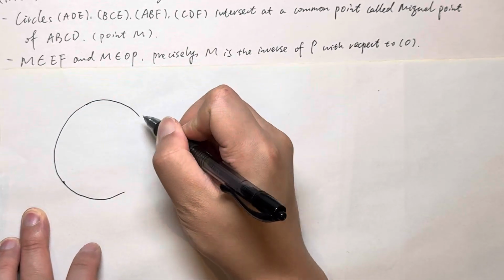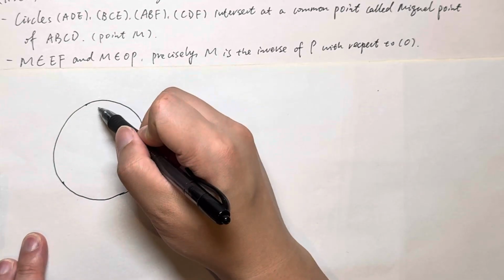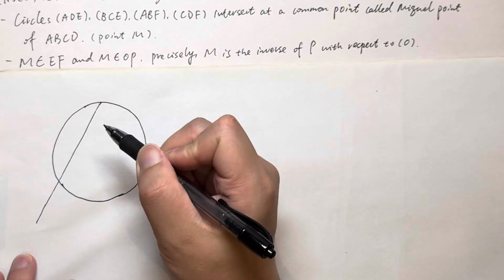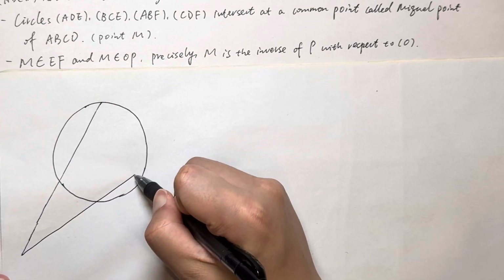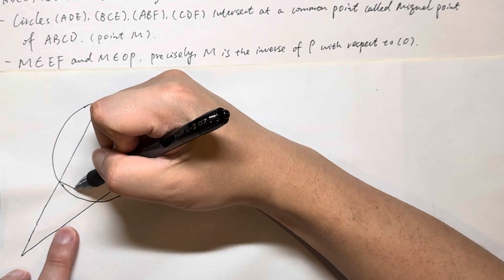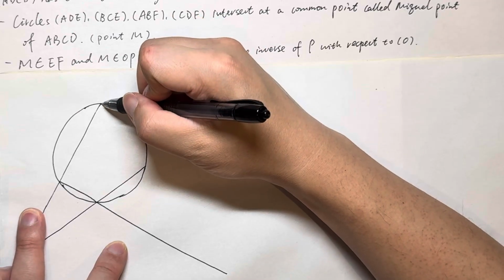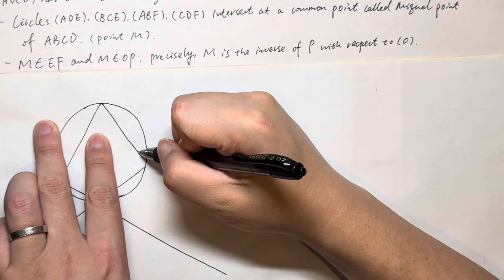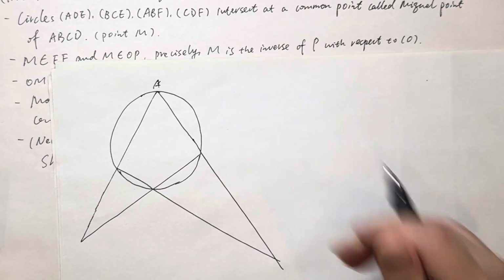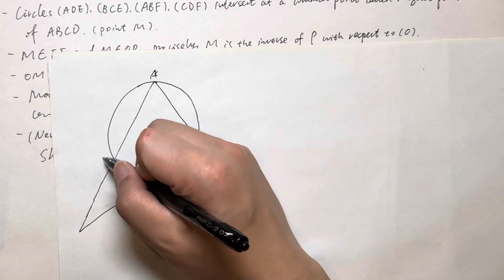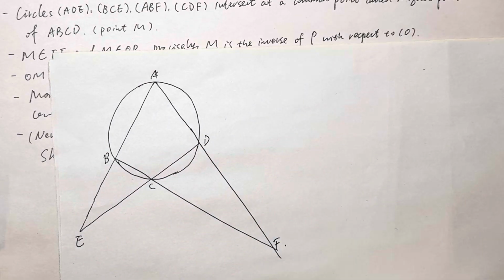So we have the circle first, and we have A, B, C, D, E, F here, right?